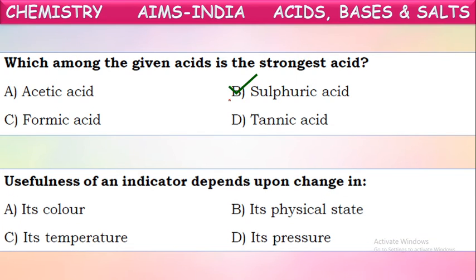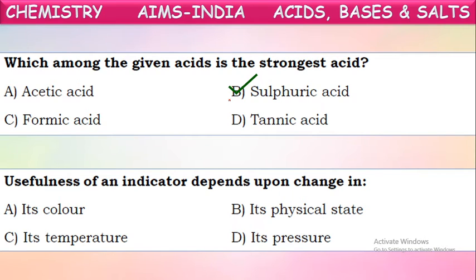Next, the usefulness of an indicator depends upon change in what? How are these indicators used in detecting acids and bases? That is based upon their color change. Yes, indicators are useful by changing their color in the presence of acids and bases.